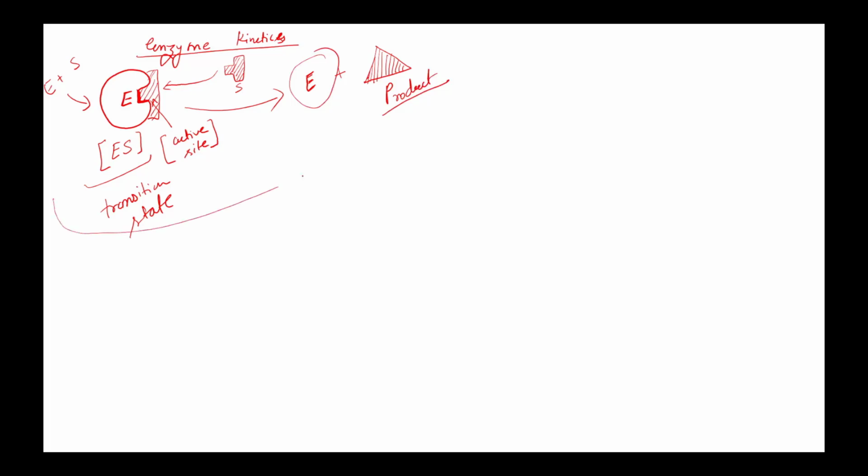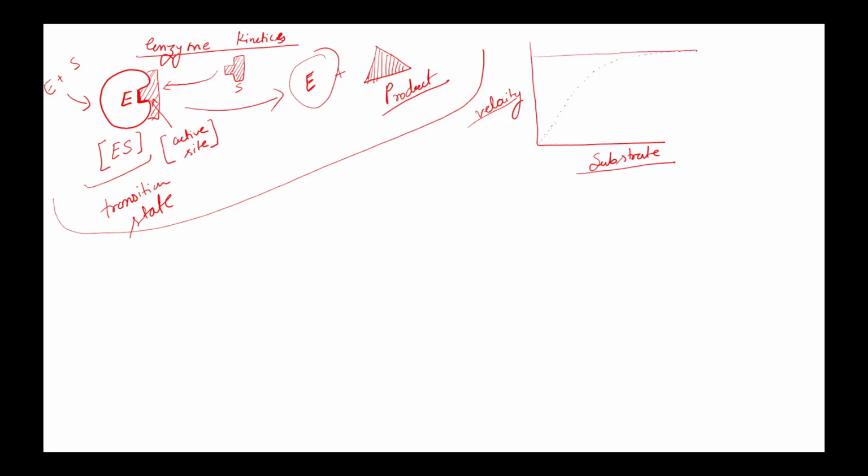So this is what happens in basic enzyme kinetics, and Michaelis and Menten plotted this, which is called the Michaelis-Menten graph: velocity versus substrate. As you start increasing the substrate concentration, the velocity of your reaction also increases. But it is not a linear graph, it is a hyperbolic curve. At some point you start seeing saturation.